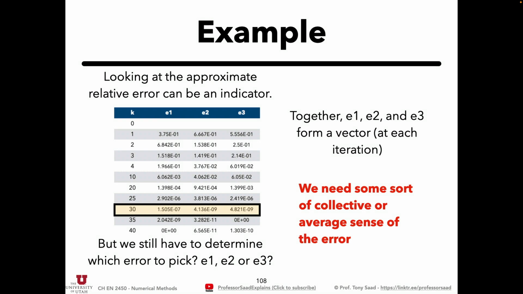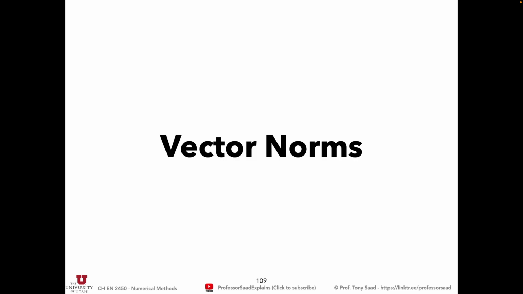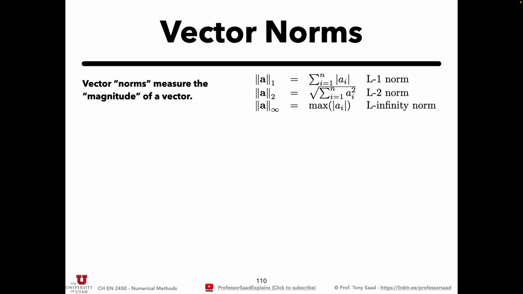Now, because if you think of those as a vector, that opens up an entire world of possibilities with what we call vector norms. So the Pythagorean norm that you're all familiar with, which is the square root of a squared plus b squared, or the square root of a squared plus b squared plus c squared, etc., that's called a norm.